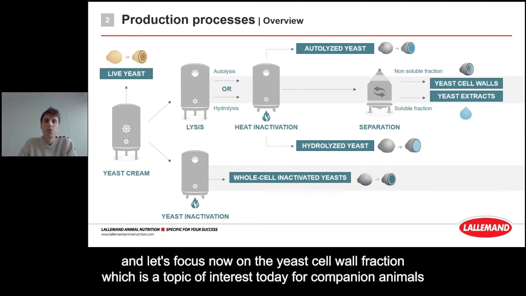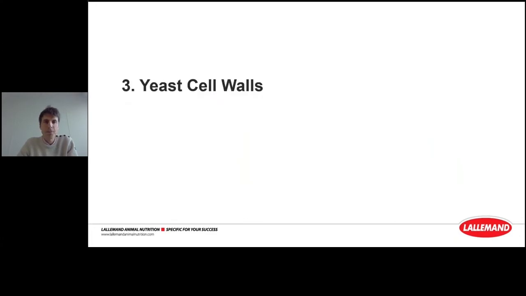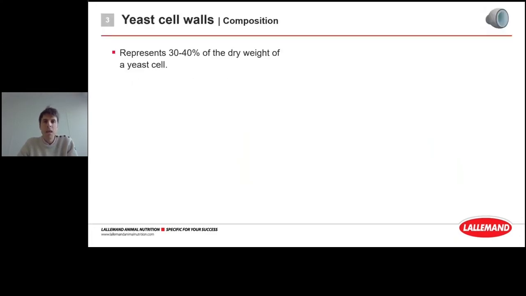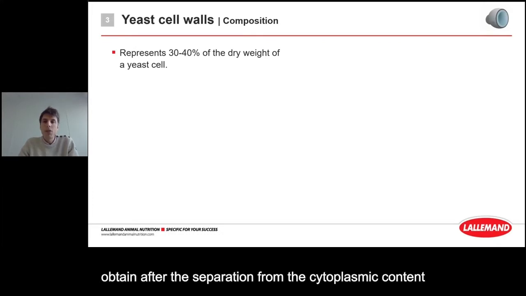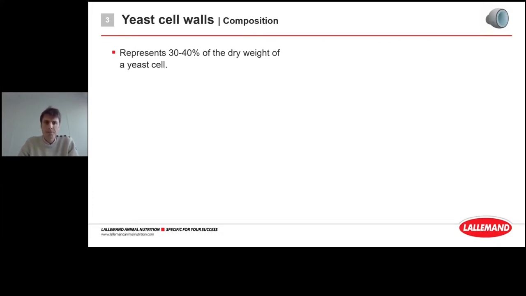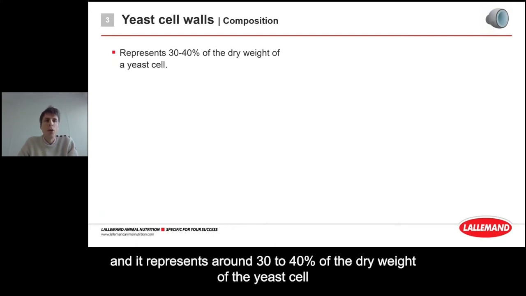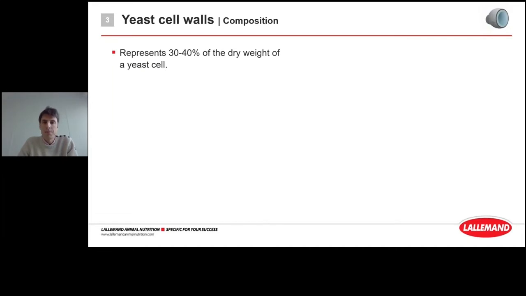And let's focus now on the yeast cell wall fraction, which is a topic of interest today for companion animals. Yeast cell walls are therefore the insoluble fraction of autolyzed or hydrolyzed yeast obtained after the separation from the cytoplasmic content. It represents around 30 to 40% of the dry weight of the yeast cell.